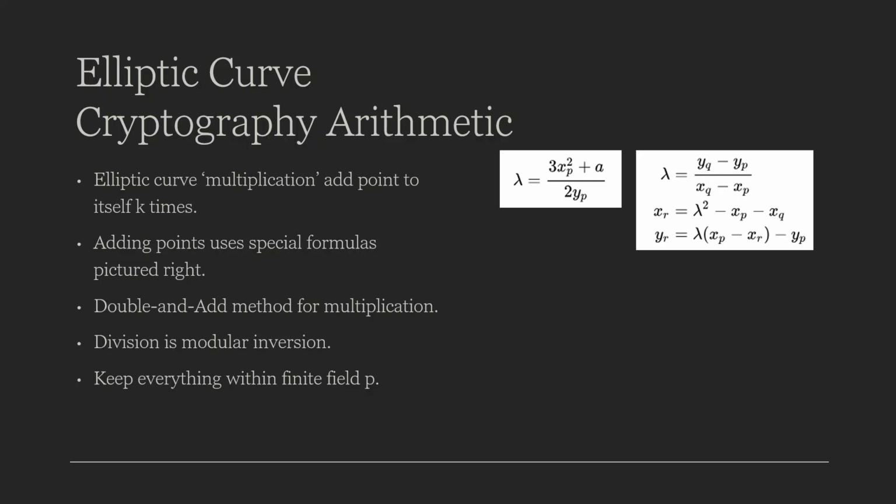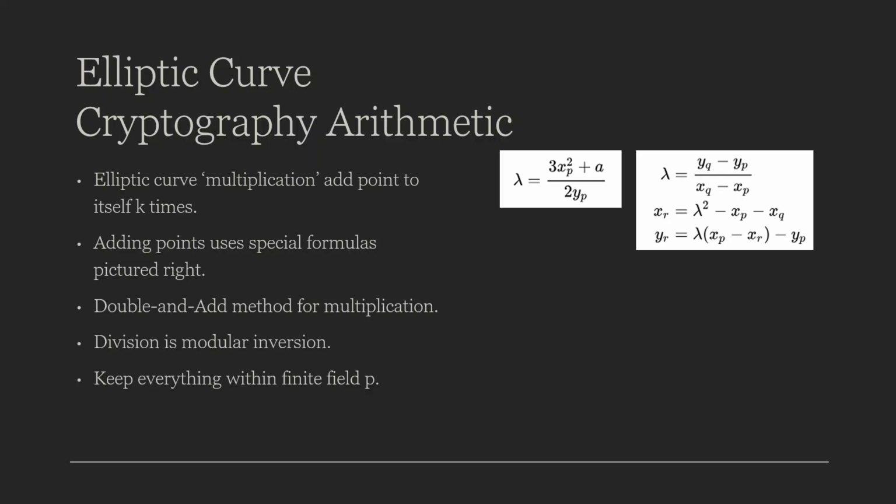That left equation represents finding the slope whenever you're doubling your points, which is already a little bit strange, but the division here is actually because of the properties of elliptic curves. I'm not sure why exactly it works like this, but with elliptic curve points, division is the same as multiplying by the modular inverse.